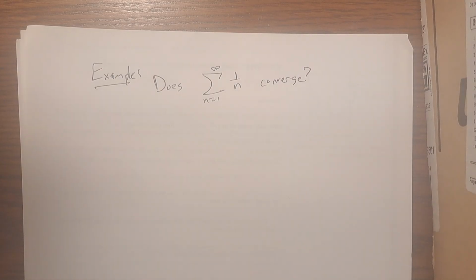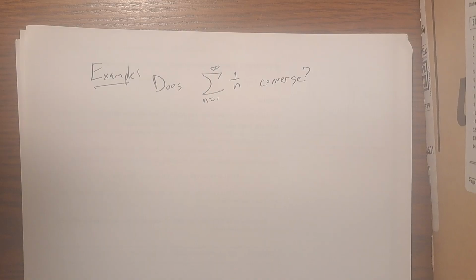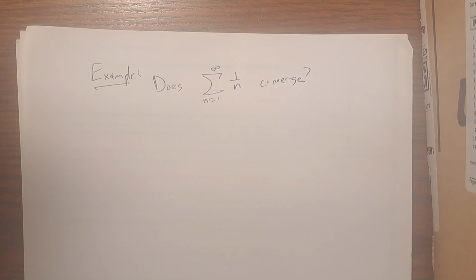The term test of divergence won't work because the terms do go to zero. If the terms go to zero, then the term test of divergence doesn't tell you anything. And the other kind is not geometric.